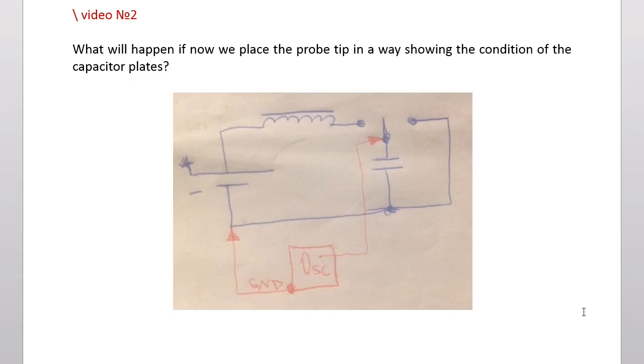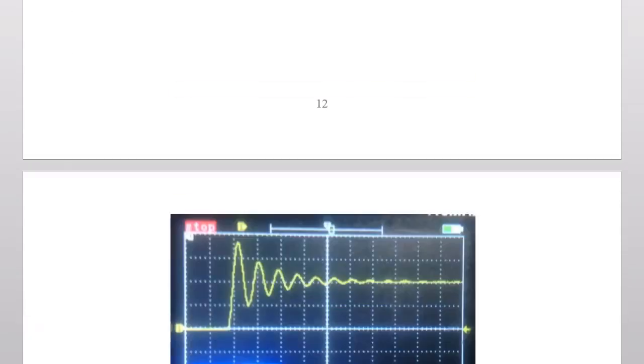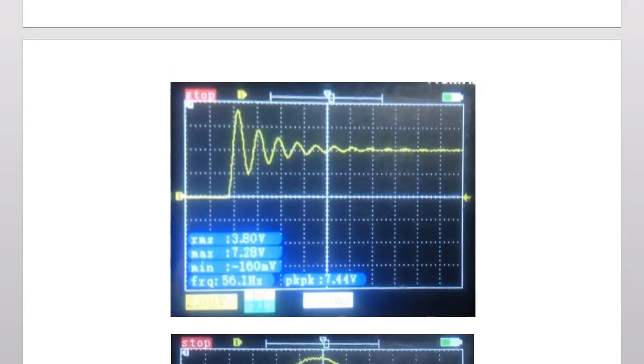So let's continue. What will happen if now we place the probe tip in a way showing the condition of the capacitor plates? So I replace the tip of the oscilloscope here, and the result is this. So you can see the capacitor charges itself to double the source voltage.